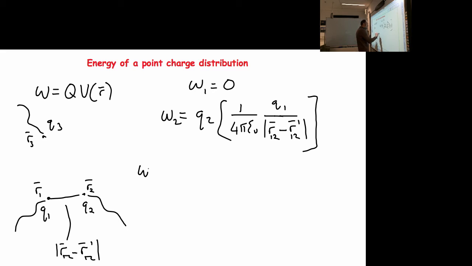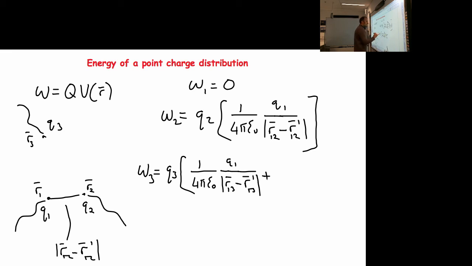So therefore the work on point charge number 3 will be equal to Q3 multiplied by 1 over 4 pi epsilon naught Q1 all over the distance between Q1 and Q3, plus the potential due to Q2, be 1 over 4 pi epsilon naught Q2 all over the distance between charge 2 and charge 3.